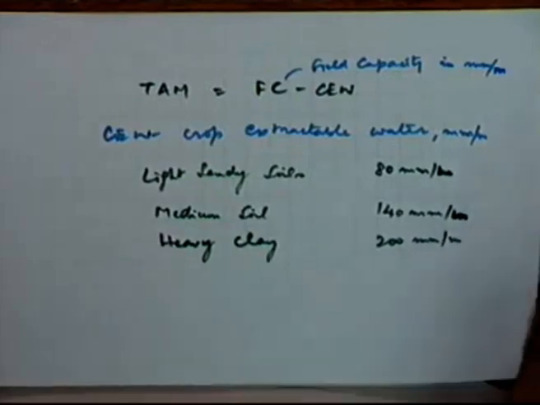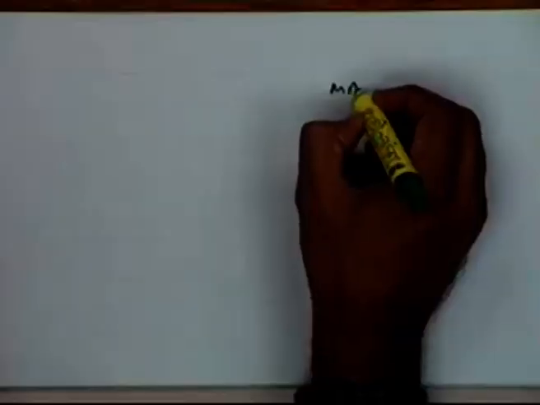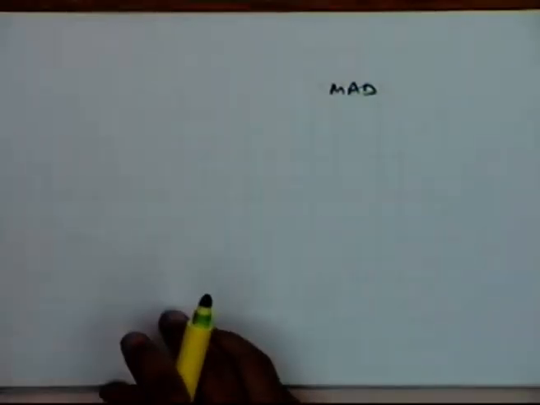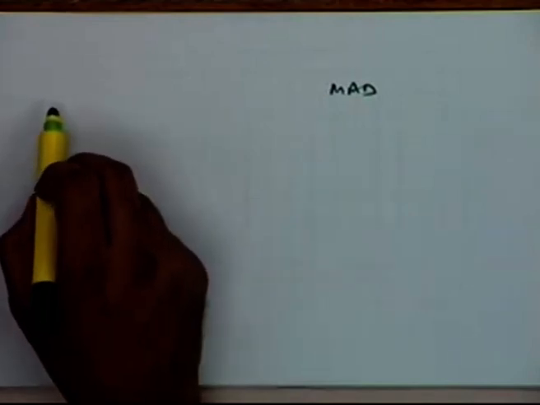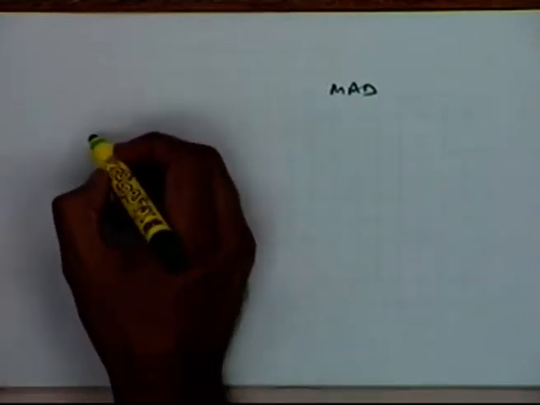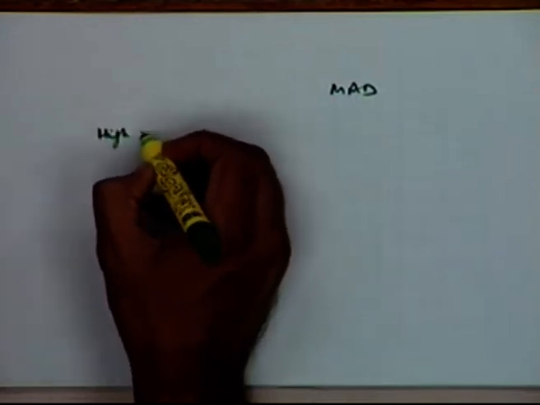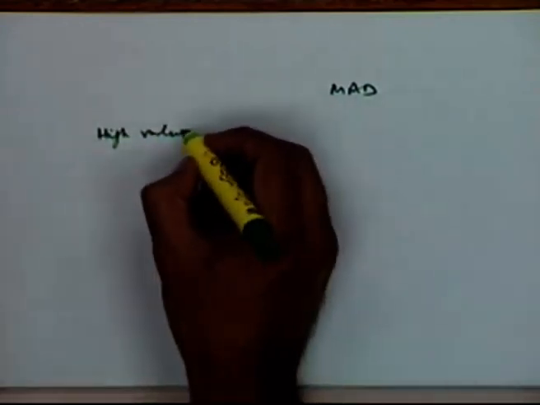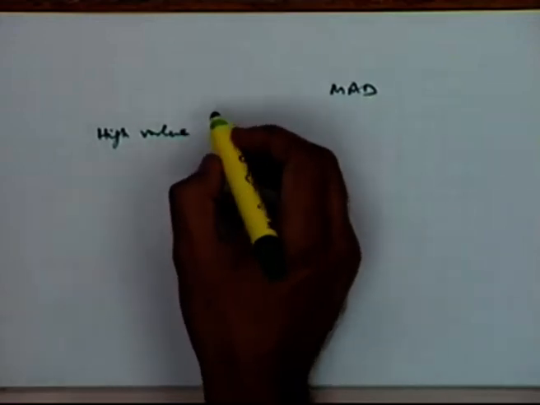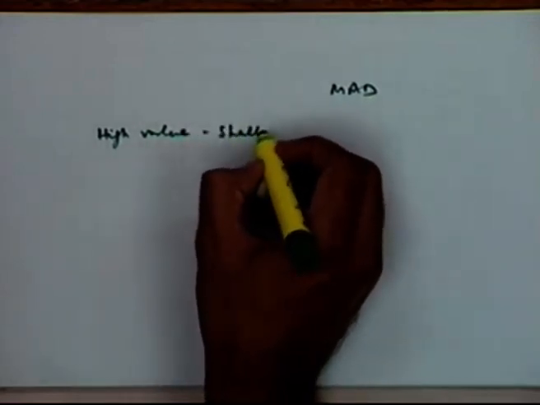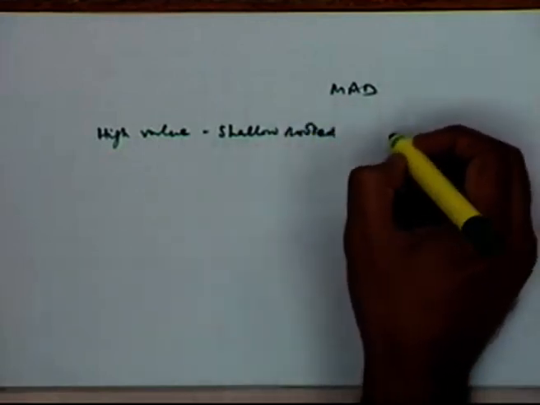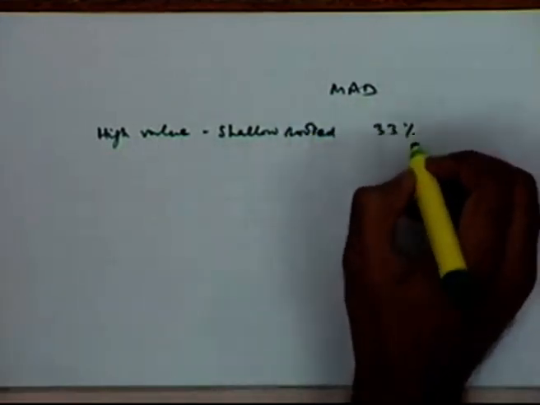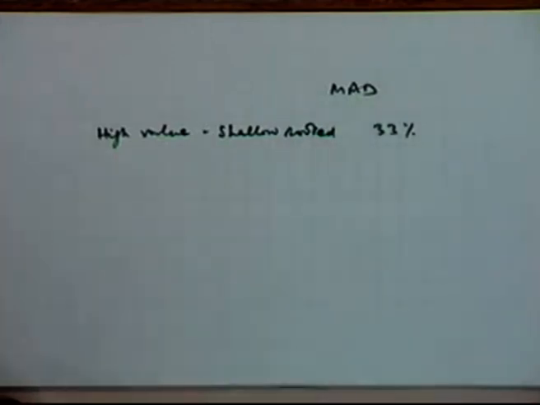Similarly, the MAD values, again, as we just mentioned, is a function of what type of crop is in question. If you have high value crop and shallow rooted, MAD is around 33%.